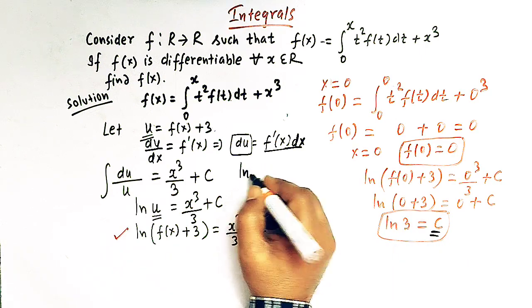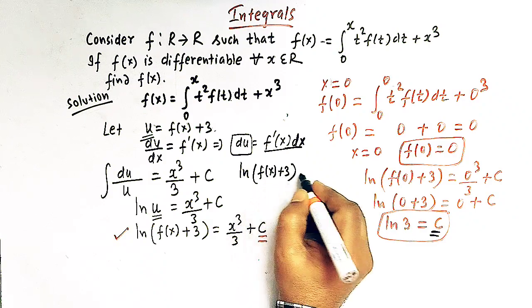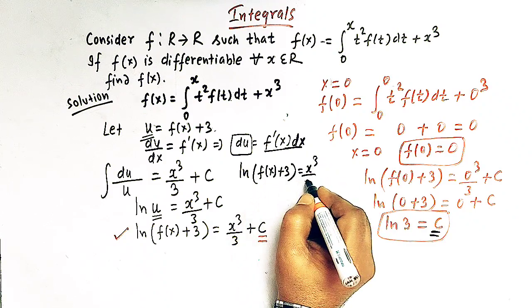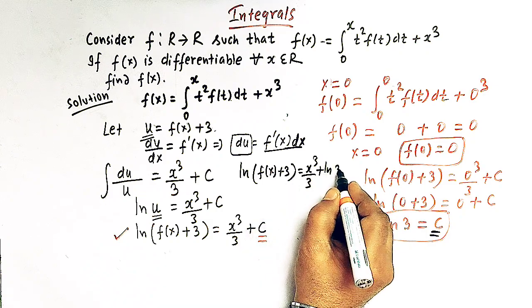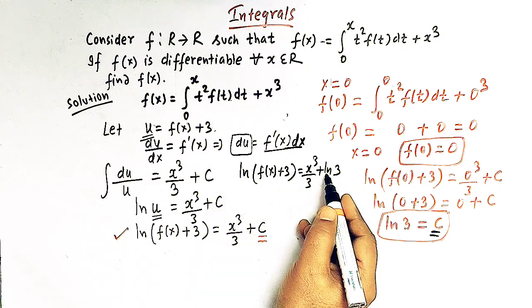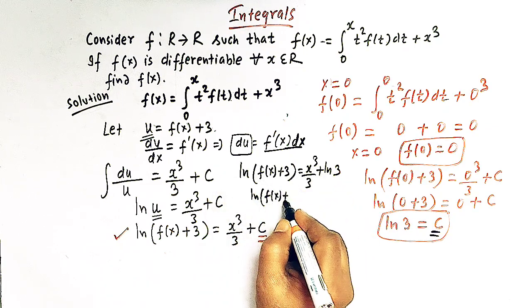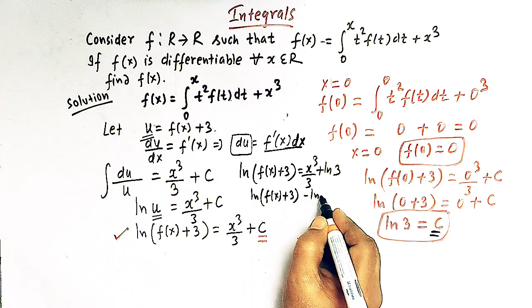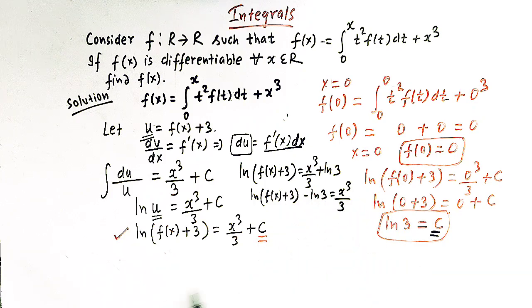So we have natural log of f of x plus 3 is equal to x cube over 3 plus natural log of 3, right? Now taking natural log of 3 to the left hand side, we have natural log of f of x plus 3 minus natural log of 3 is equal to x cube over 3.